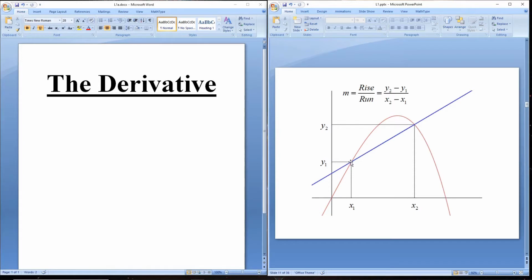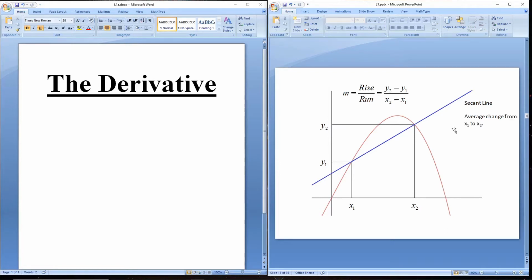So if I took these 2 points on a function and connected them with a linear function, then this formula of y2 minus y1 over x2 minus x1 is giving us the slope of the linear line that connects these 2 points. And in general, we call this blue line the secant line.